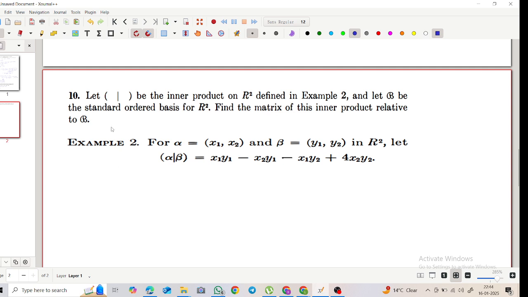So beta is like this. I don't know whether you remember or not. Just write down this matrix, A equals Aij, where Aij is nothing but the inner product of epsilon j, epsilon i.